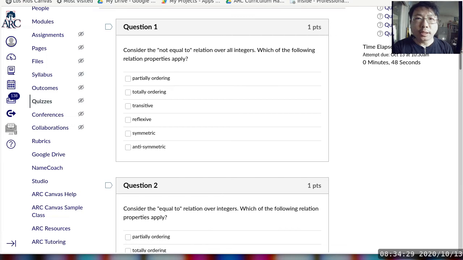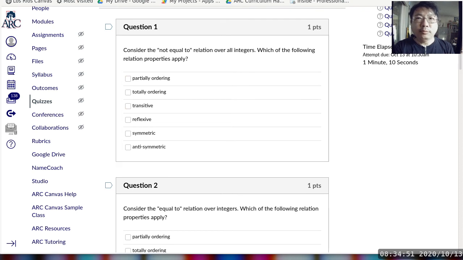It's already right next to the question, so that's easy to keep track of things. I'm just typing on the side. This is for question number 1, and the first property we want to ask is: is it reflexive? Because being reflexive is one of the easiest relation properties to check.